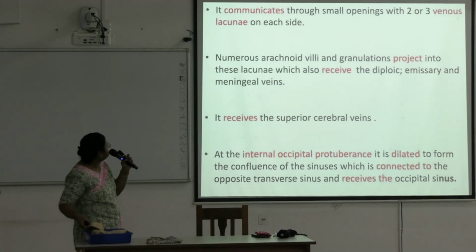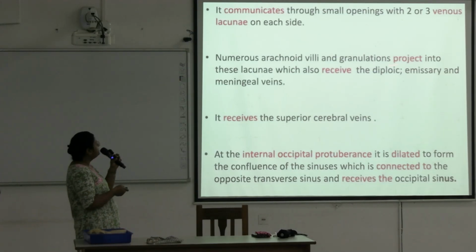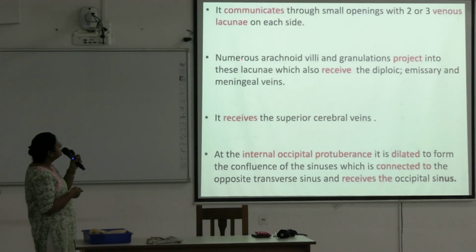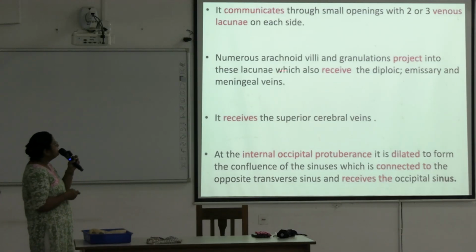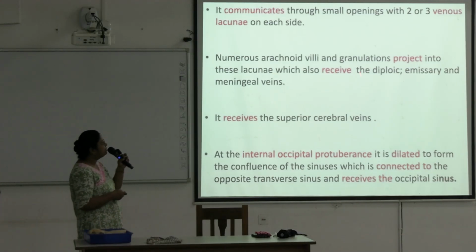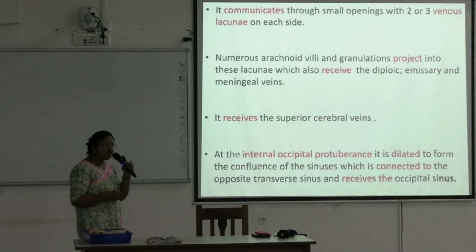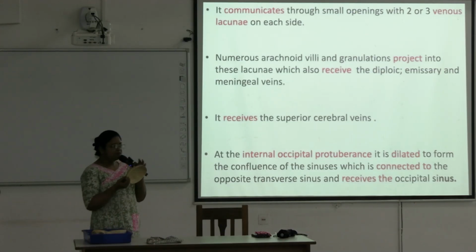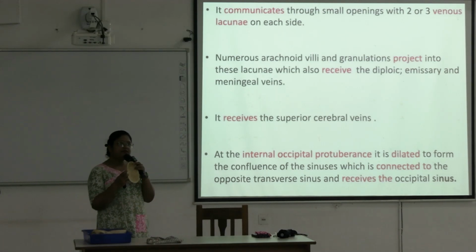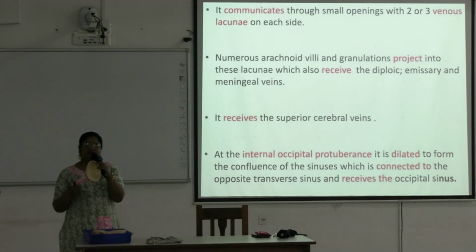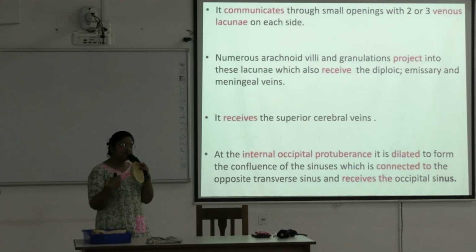Okay, so numerous arachnoid villi and granulations project into this lacuna, which also receive the diploic veins, emissary veins, and meningeal veins. Diploic tissue is in between the outer plate and inner plate of the skull bone. This is spongy tissue, and the veins lying here are the diploic veins.